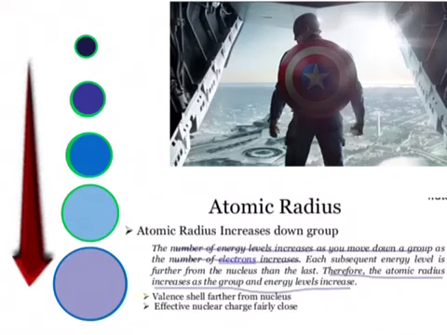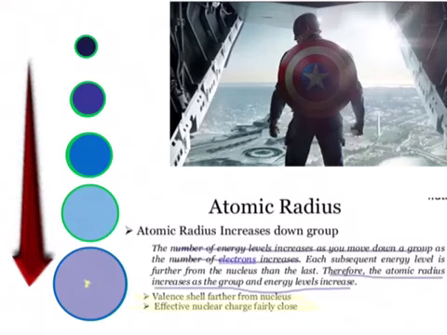These two things right here: the valence shell is farther from the nucleus. We talked about what that was in an earlier lesson. They're the outer shell electrons, whatever's in that very outer shell. Also, effective nuclear charge is fairly close. That means whatever that charge is in the very center, it only affects the electrons that are really close to it.